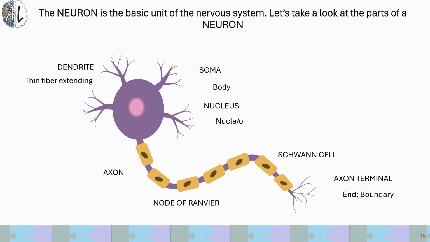Because these are individual cells that wrap from the start of the axon by the soma or by the body and go all the way down towards that axon terminal, there are some gaps in between each of those cells. I've sort of exaggerated them here just so you can really see the difference where the axon is still visible in between each of those cells. But we do give a term to that little component. So that gap between each of the Schwann cells is called the node of Ranvier, which is named for the scientist who discovered them.